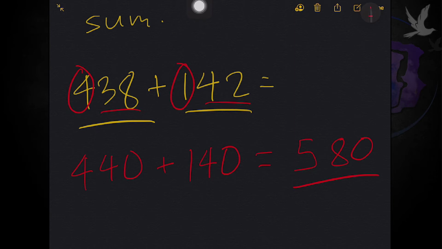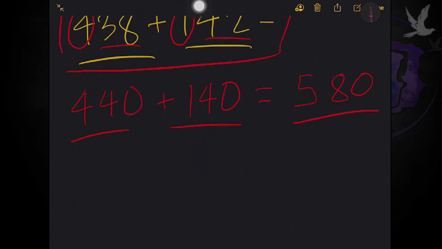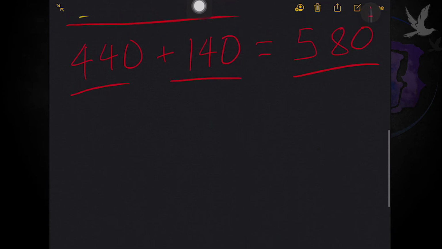So in this activity, instead of adding the given numbers, you're supposed to round off their values first to the nearest place value that is being asked, and then do the sum or difference. Okay? That easy.